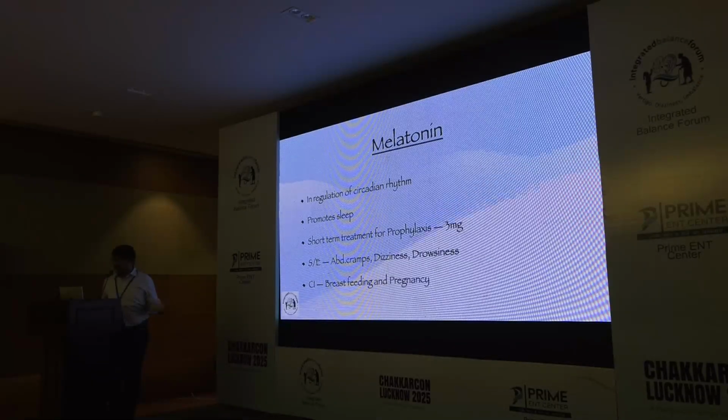But avoid it in breastfeeding and pregnancy, because the most common questions we are asked, particularly by the ENT crowd, are drug indications and contraindications, whether you can give it in pregnancy or breastfeeding or not. So we have made a slide for each drug.